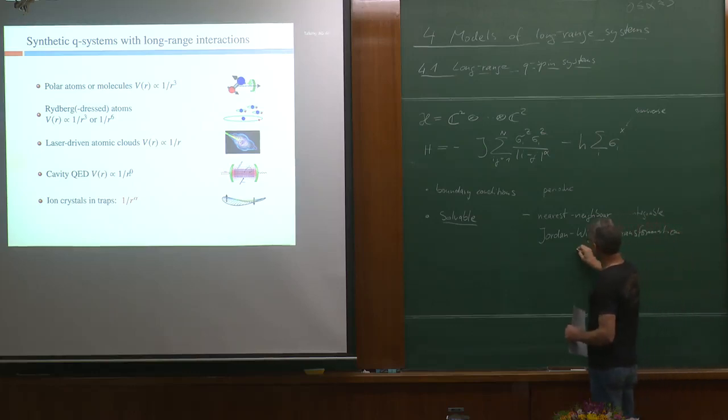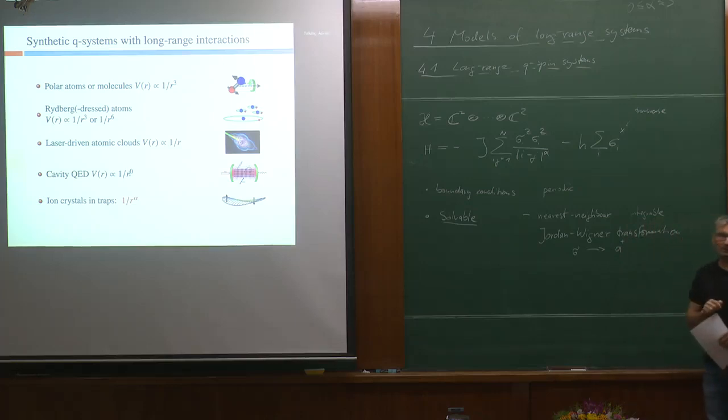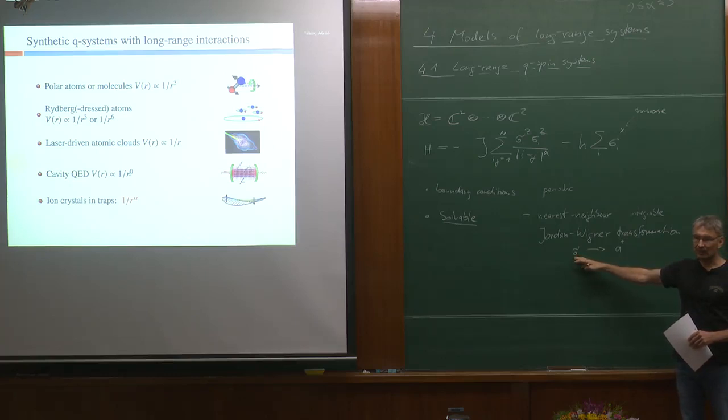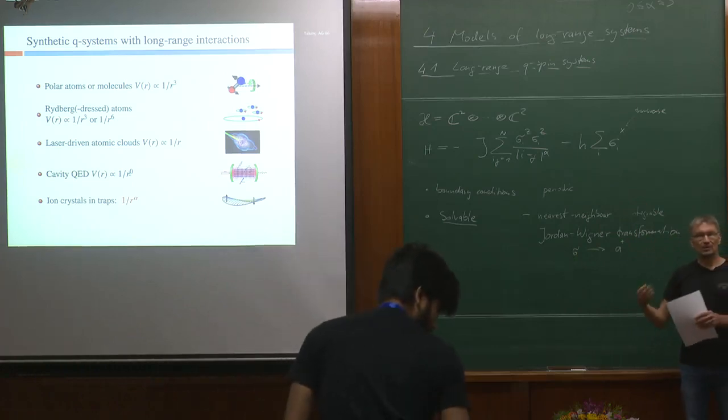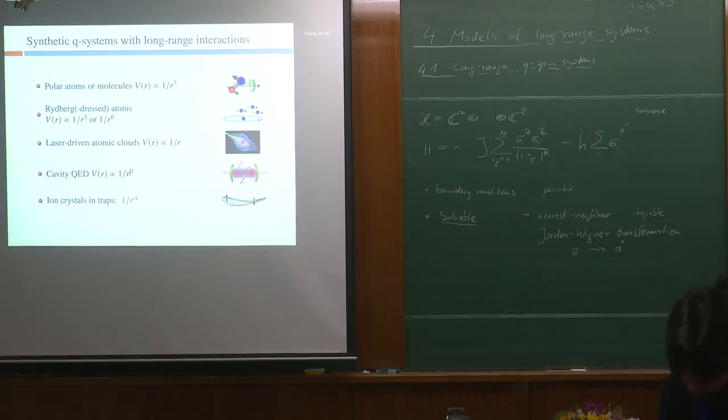This is a transformation that maps spins onto fermionic operators. The mapping you can always do, but in many cases it doesn't give you beautiful results. You can do the mapping for the long-range Ising chain, but it does not give you a simple model. If you do the mapping, which you can look up easily in textbooks, the mapping is obviously not that you just replace spins by fermions.